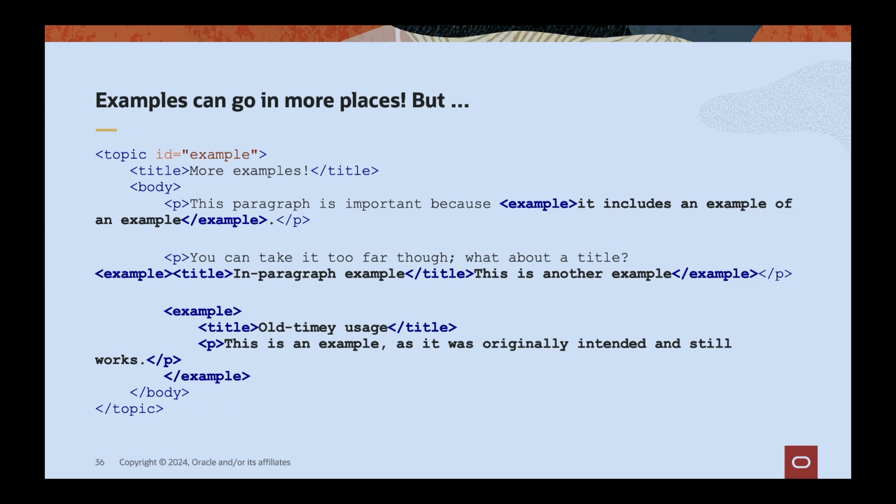The problem with that today is that it's hard to know how to format that, because chances are you're going to have rules within your company or your style guide that say, I want to mark them up inline, or I want to mark them up as a section. So right now, the existing formatting still treats them all as block. You see this first one includes an example of an example.